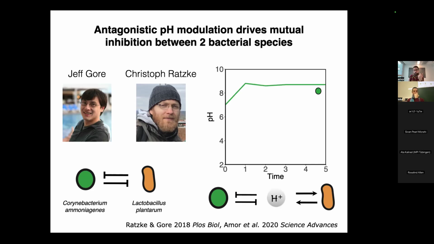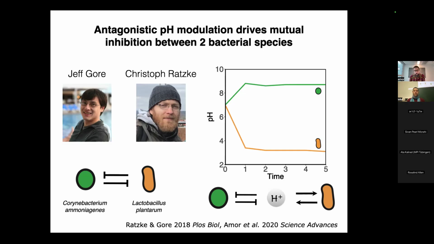So when we culture it in monoculture, the pH goes up over several cycles of the culture, and then it stays up. And this is actually beneficial for the growth of the green microbe. The orange microbe, which is a lactobacillus, has the opposite trend. So it's acidifying the environment, and this also benefits its own growth.